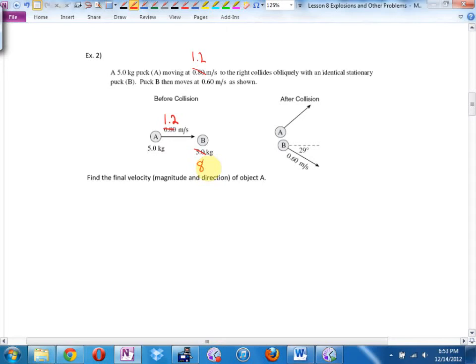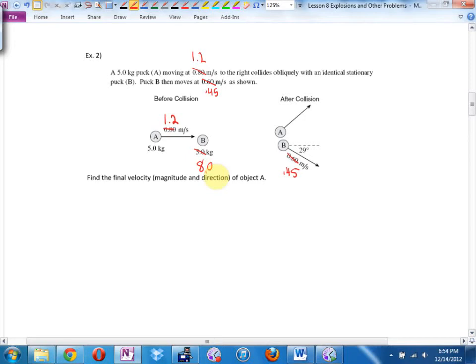And puck B moves off at, instead of 0.6, how about 0.45 meters per second? And just like that, it's a whole new question. Merry Christmas. Oh, and if we're going sig figs, it should be 8.0 kilograms.